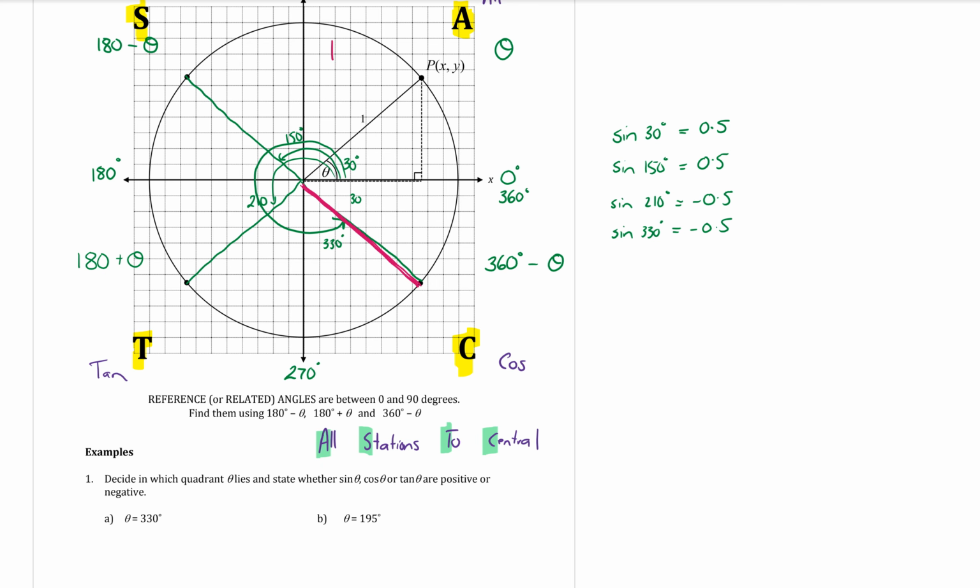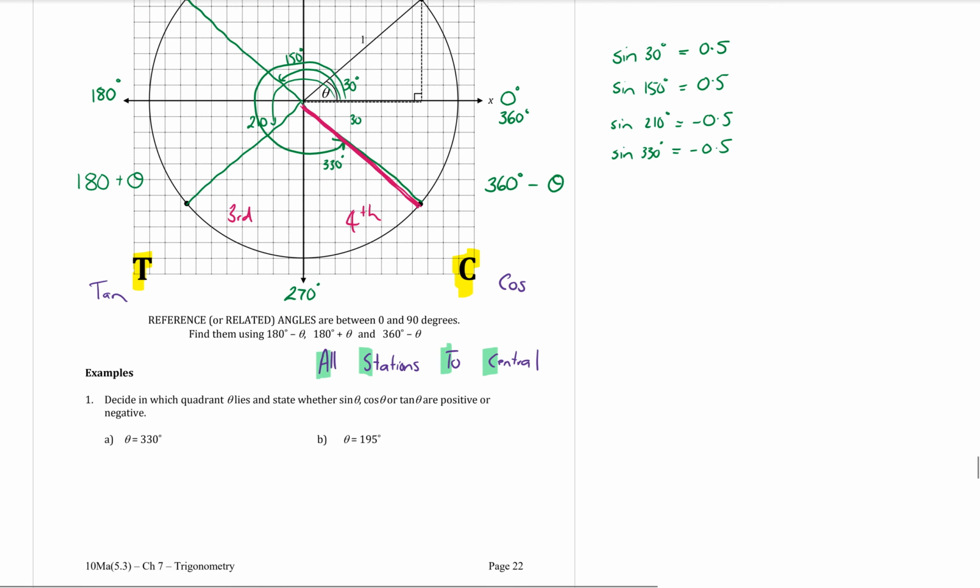So let's just write on here, first, second, third, and fourth quadrant, just so you make sure you get the numbering correct. So 330 degrees is in the fourth quadrant, which is called the C quadrant or the cos quadrant. Only cos will be positive.